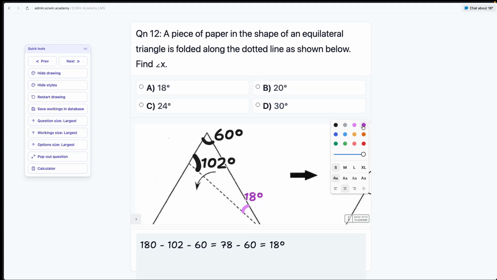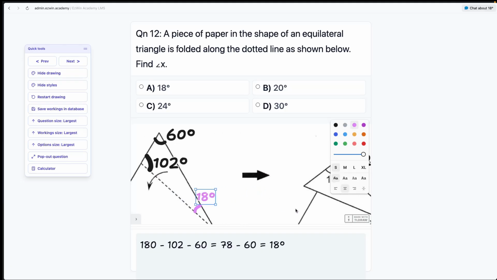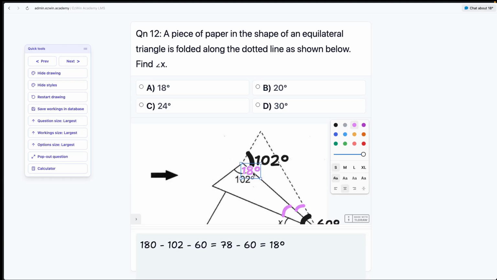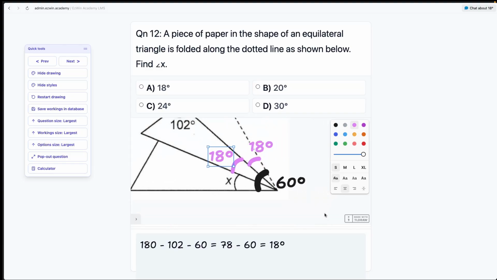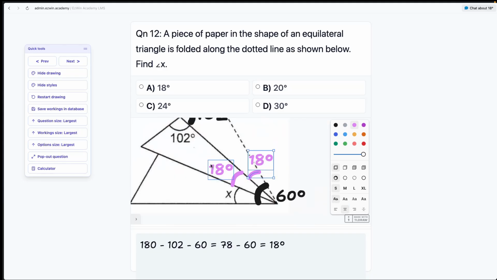That's what you see over here. I think it's this one or this one. I think it's this color. All right, yes. So we know this 18 degrees. That means this also is 18 degrees and this is also 18 degrees as well. So since we know that the corner over here is 60 degrees, then we can just minus off 18 and 18 and we can get x.